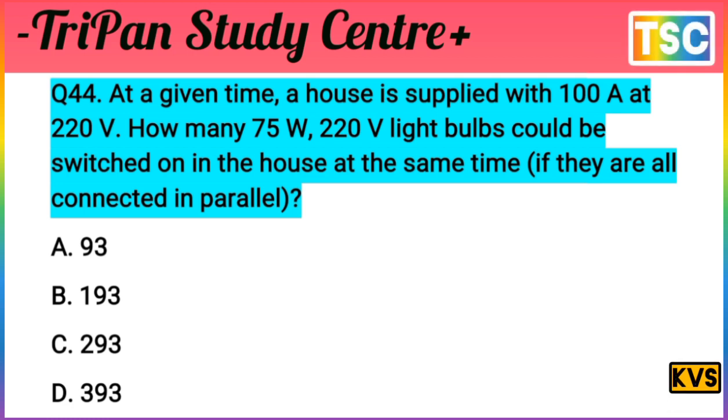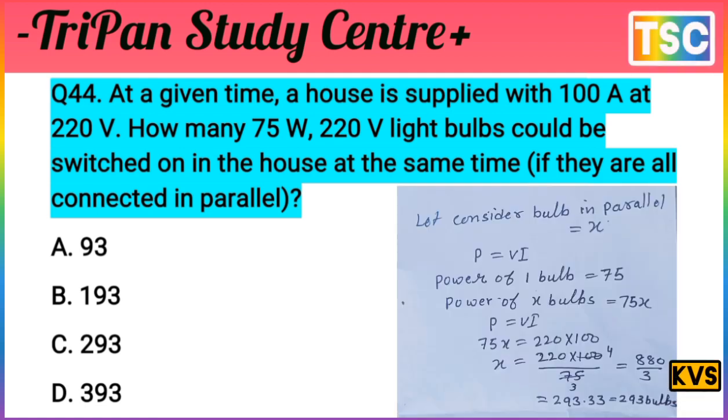Firstly, open your notebook and write the answer. Let the number of bulbs connected in parallel be X. Power is equal to VI.